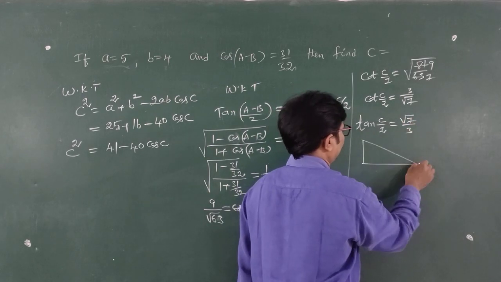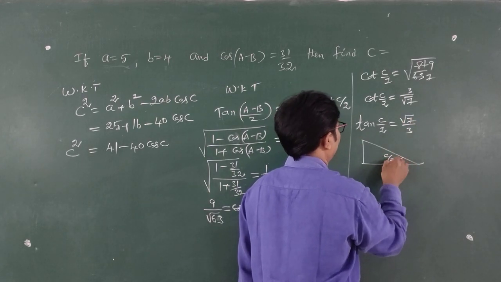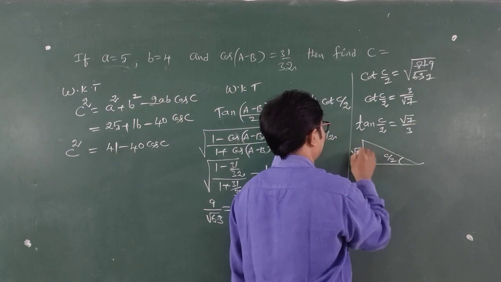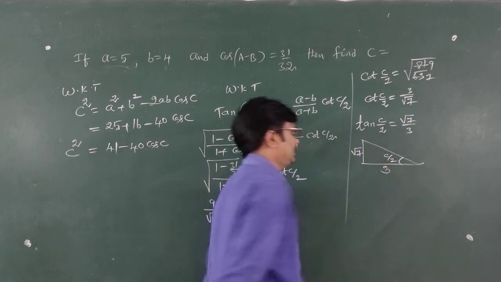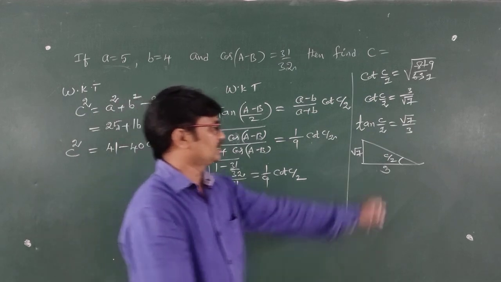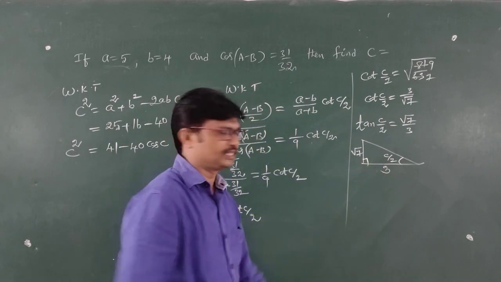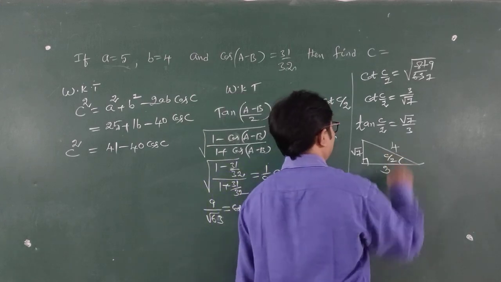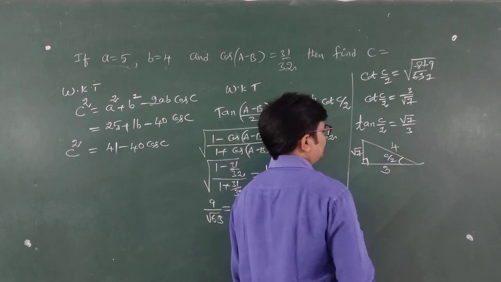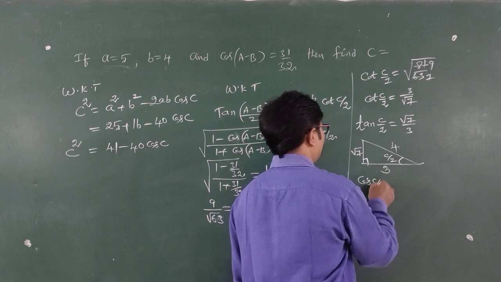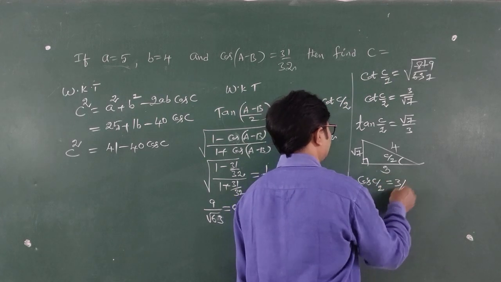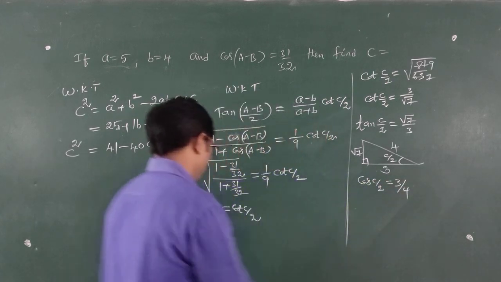We have to know that tan of C/2 is opposite side by adjacent side, which is root 7 by 3. Hypotenuse square equals side square plus side square, 9 plus 7 is 16, then it will be, students, 4. Now we can write cos of C/2 equals adjacent side by hypotenuse.